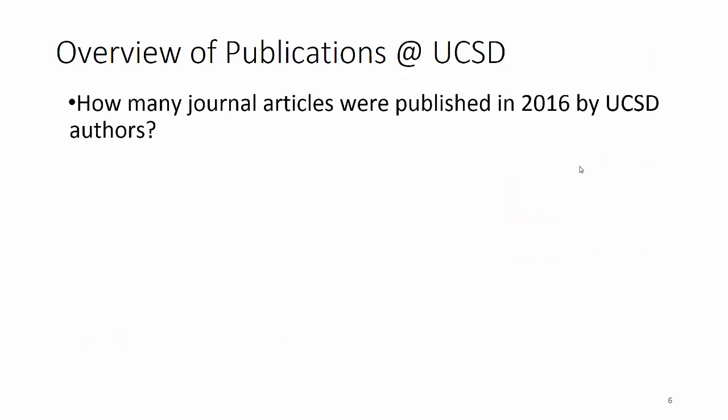So I wanted to look at the big picture at UCSD. How many journal articles were published in 2016 by UCSD authors? It's about 8,000, and that's just from one database. So we know that there's more than that. And this is just journal articles. This doesn't include chapters in books, and it doesn't include books.